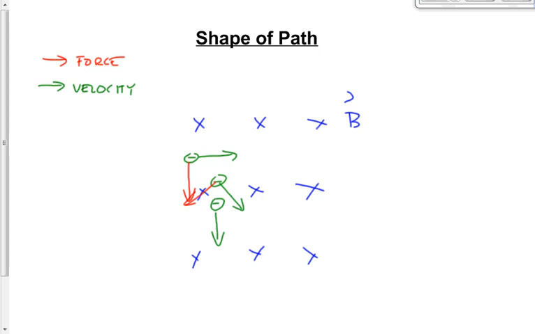Which way is the force now? Thumb, fingers, palm points this way. Particle's going over here. Thumb, fingers, palm points this way. What do you notice about the magnetic force?